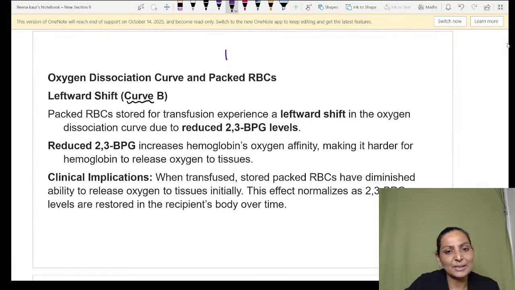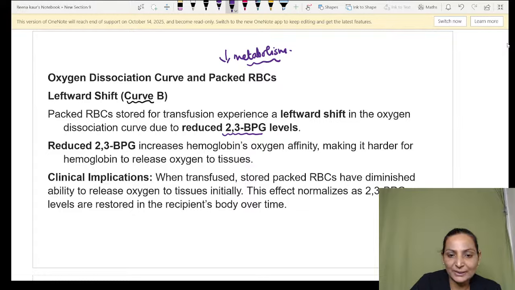Remember that there is a decrease in the metabolic activity, and because of this there is a decrease in the level of 2,3 BPG or DPG, that is bisphosphoglycerate or diphosphoglycerate. Normally you know that 2,3 DPG binds to the beta chain of hemoglobin and shifts the oxygen hemoglobin curve towards the right, that means it favors oxygen delivery.